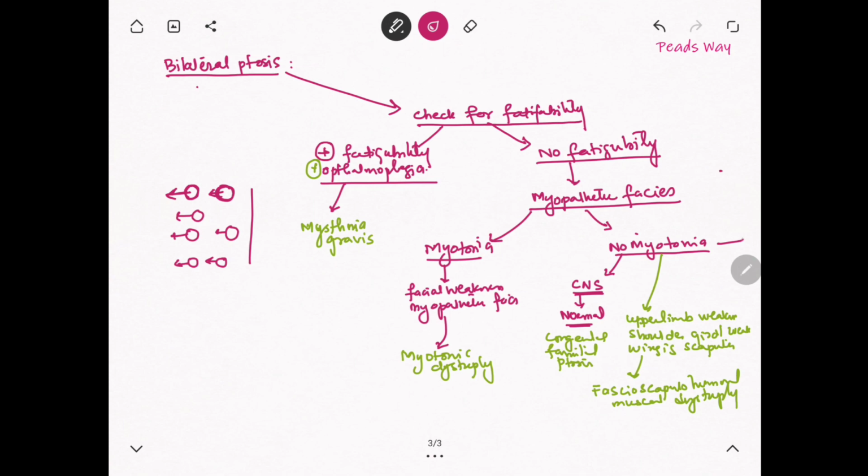And if you find that with no myotonia there is a problem with gait, we'll continue our scheme. No myotonia but there is a problem with gait.